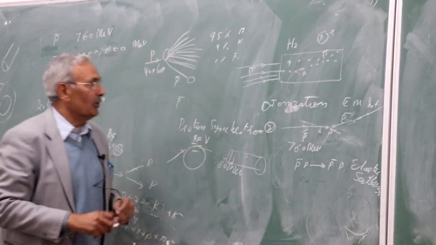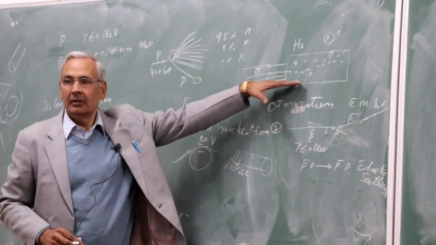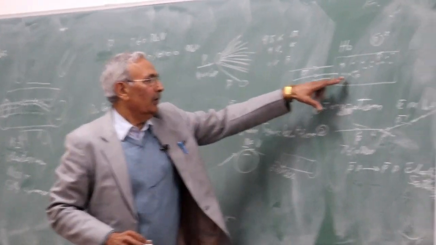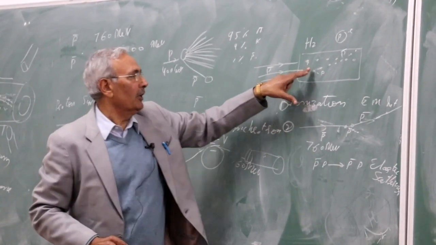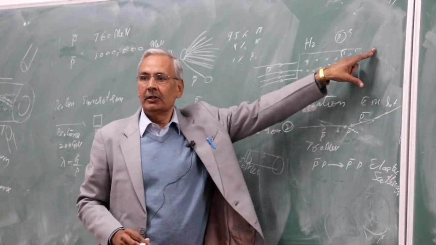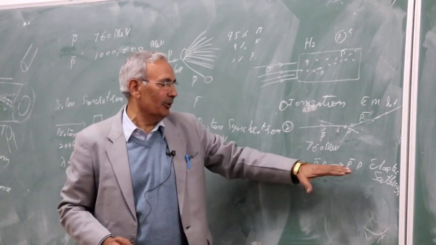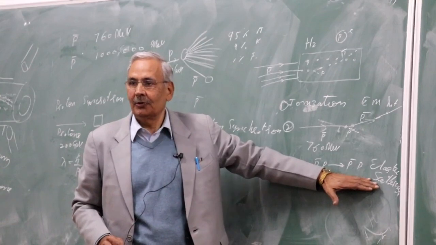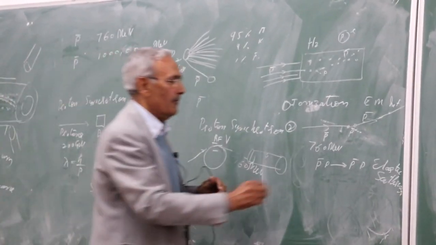What you will count in this case is the tracks. If you find one tiny track and another very long track, then you will say this is your antiproton interacting with the proton, giving rise to an antiproton and a proton, and that's your elastic scattering, and this you count as a two-prong.